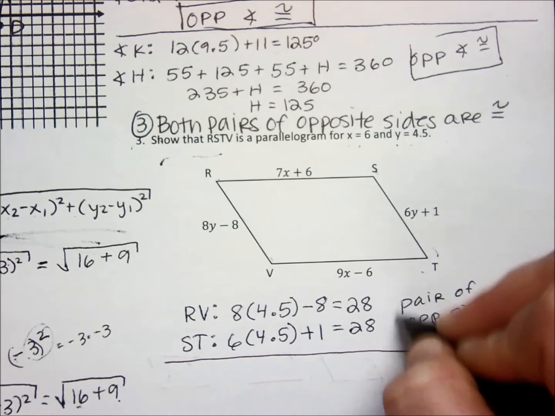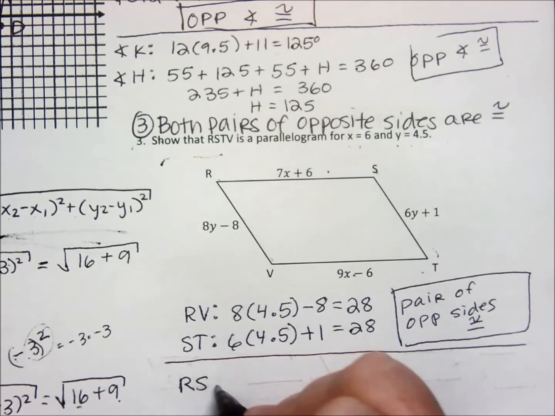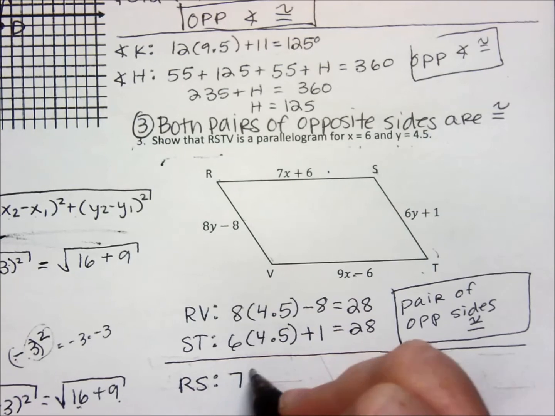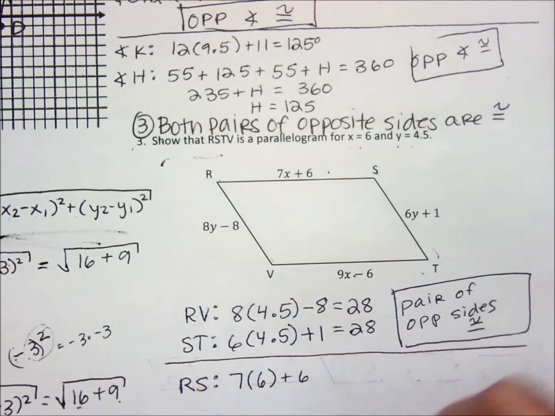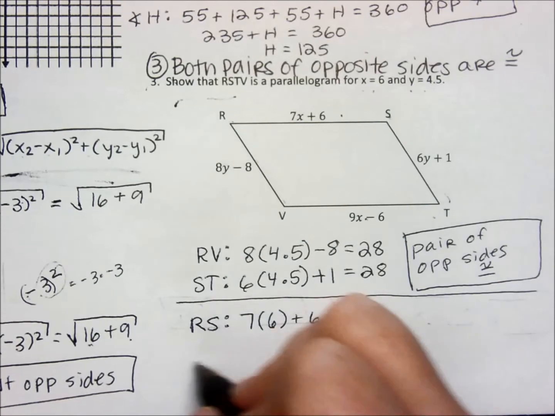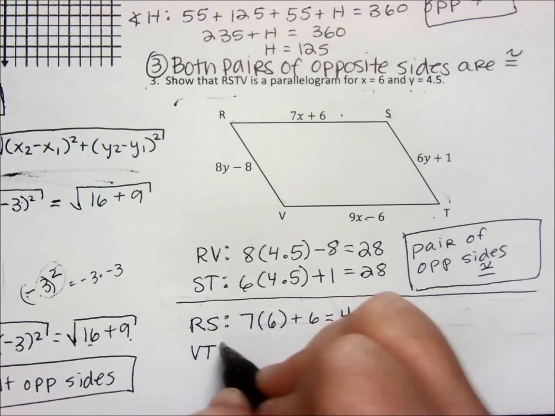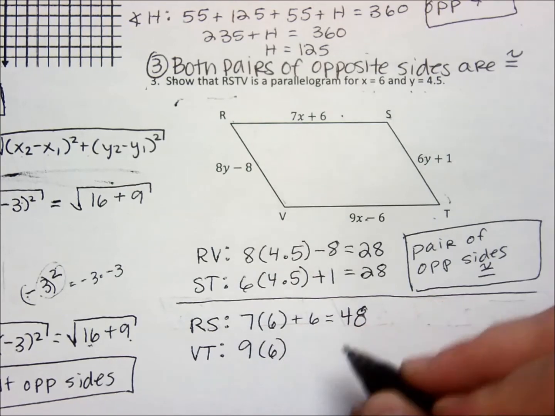So all I need is one other pair. So let's look at RS and VT. So RS, 7 times x, which is 6, plus 6. So 7 times 6 plus 6 would give me 48. And then I need to look at VT. Well, VT would be 9 times 6 minus 6.